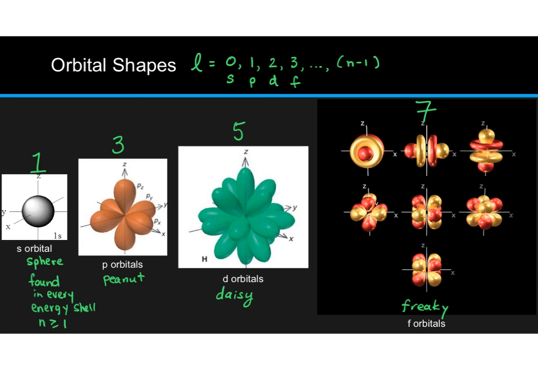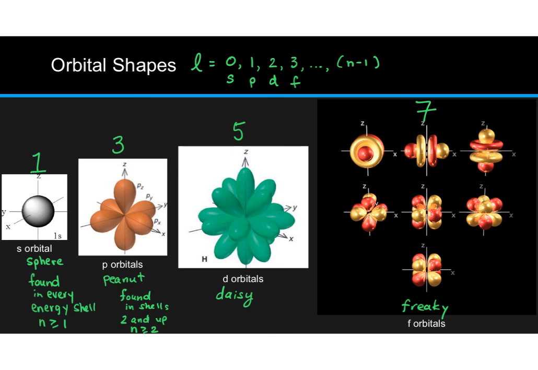P orbitals can be found on every shelf except the first. P orbitals may be found in energy shells 2 and up. Another way to say this is that n is greater than or equal to 2.